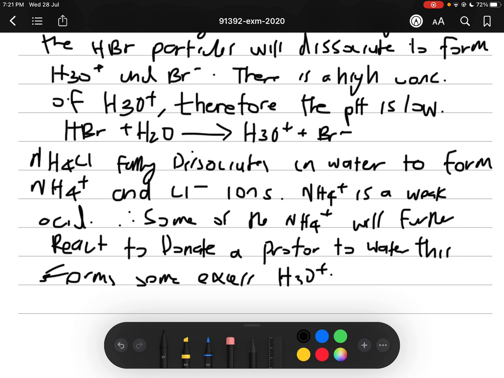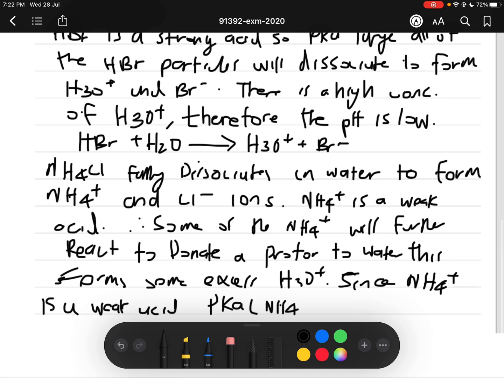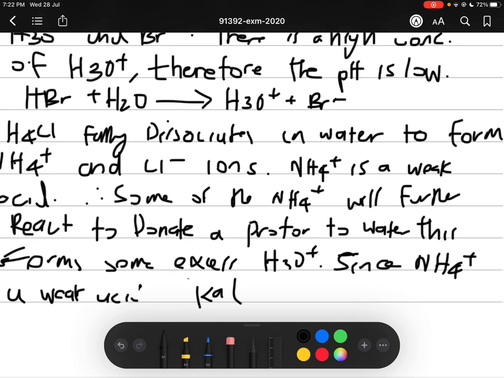So we can say that Ka of NH4 plus is far less than that of HBr.